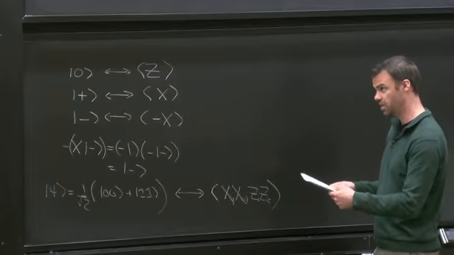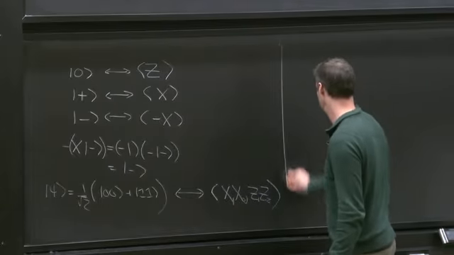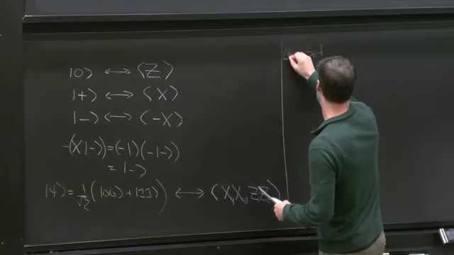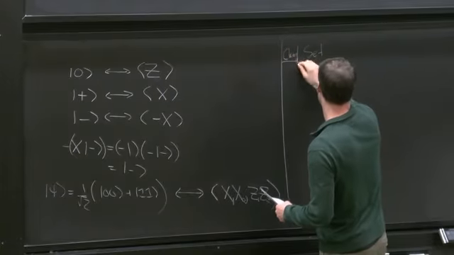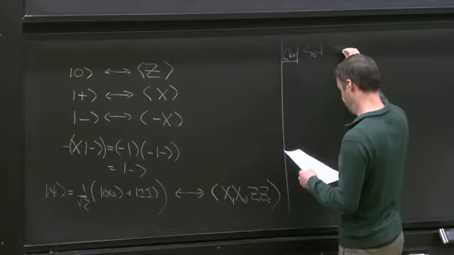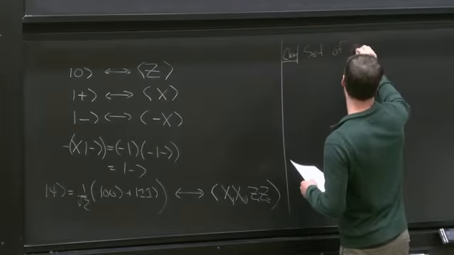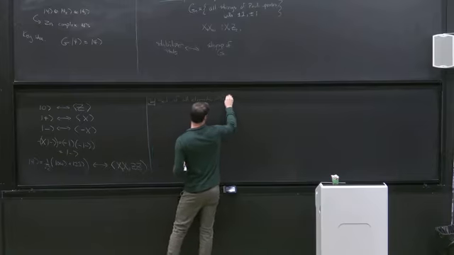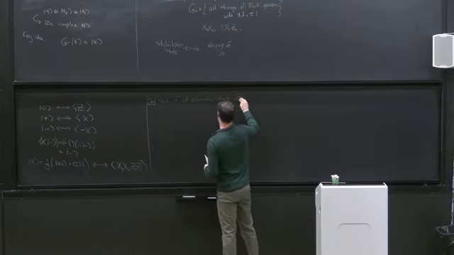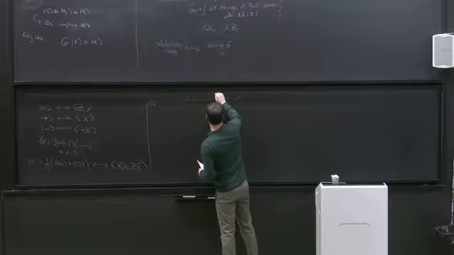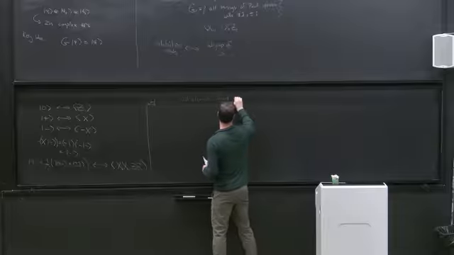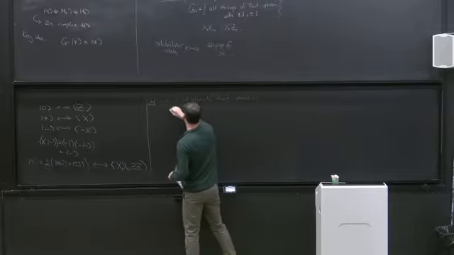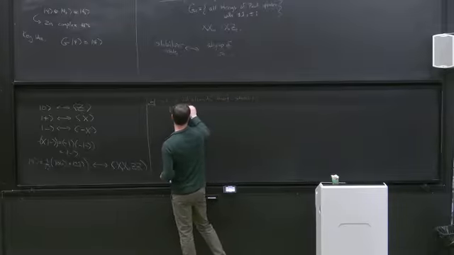Okay, so I'll leave you with some food for thought. A simple claim: the set of all the elements in Gn that stabilize some state form a group.